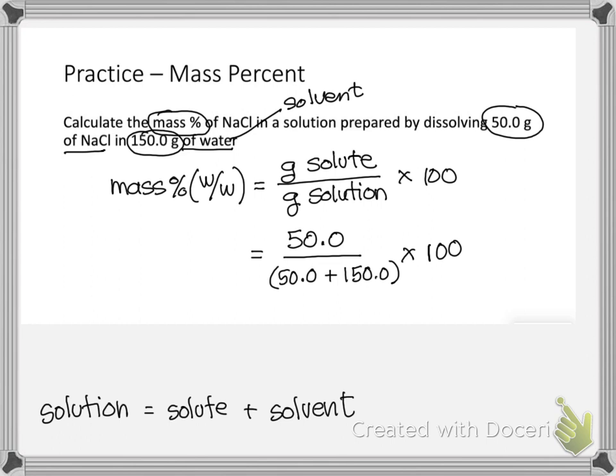So let's solve this problem, and then I want to relate it to your lab. That's 50 grams divided by 200, because 50 plus 150 is 200, then times 100. So I get 25. My calculator just gave me 25, but I think I should have 3 significant figures. So 25.0%.